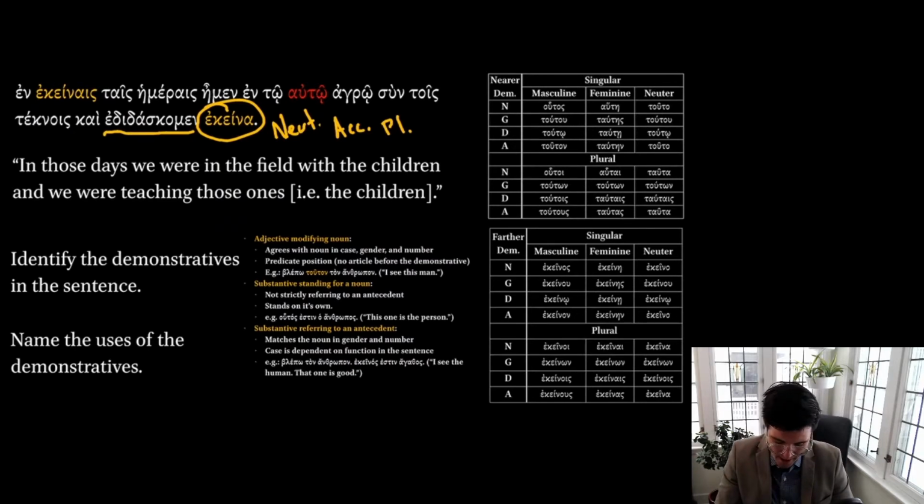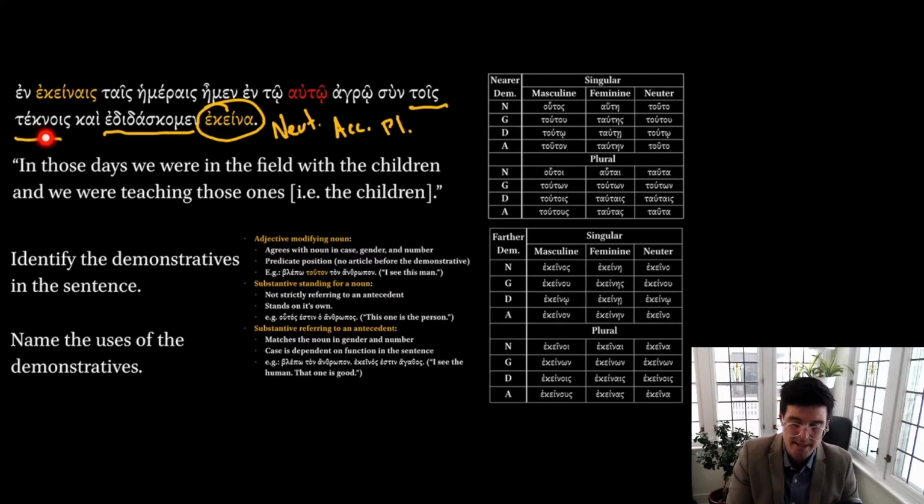And so as a neuter accusative plural and as a substantive referring to an antecedent, it's going to match its antecedent in gender and in number. So if we look back in this sentence to find something that is going to be neuter and plural, our antecedent here is going to be tois teknois.